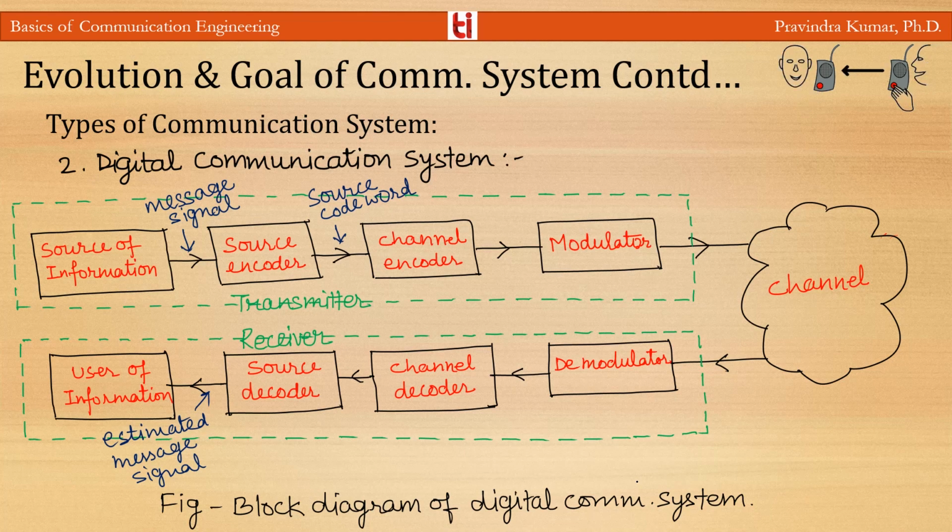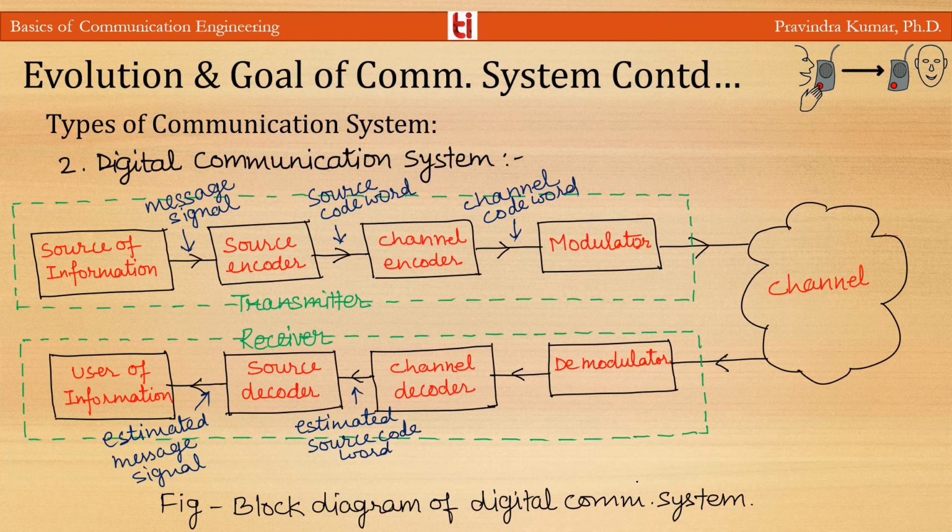Now, channel encoder and decoder. Channel encoding is basically done to minimize the effect of channel noise. It produces a new sequence of symbols known as the channel code word. The channel code word is longer than the source code word by adding redundancy, like parity bits, to the source code words, which helps to detect and correct errors at the receiver side and makes the system more reliable.